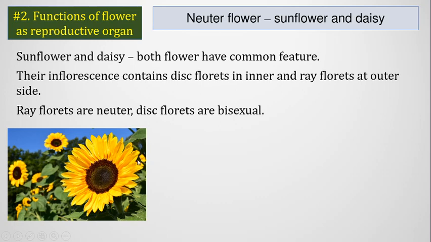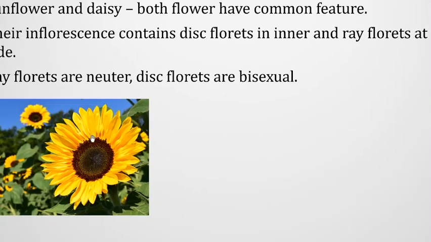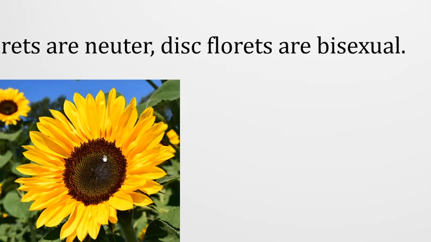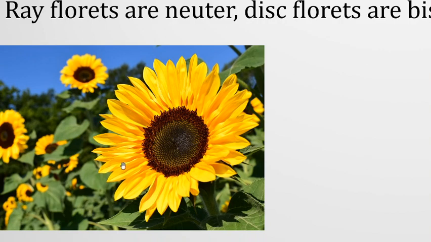This inflorescence of sunflower contains multiple flowers. The outer circle flowers are called ray flowers, and inside, at the center, the small flowers are called disc flowers. So we say that in sunflower, that is actually an inflorescence.